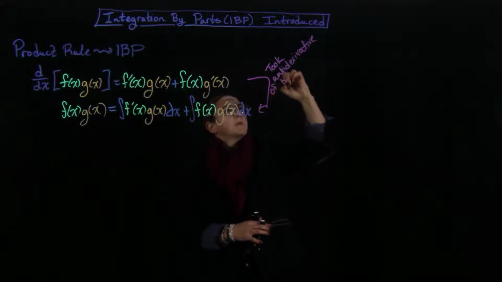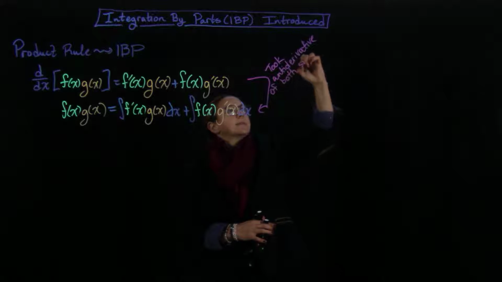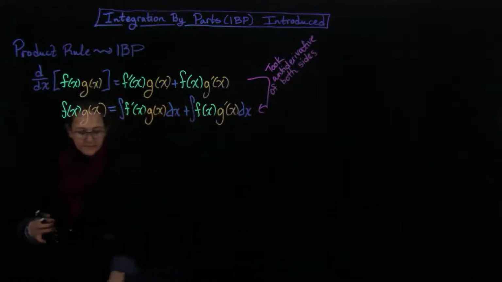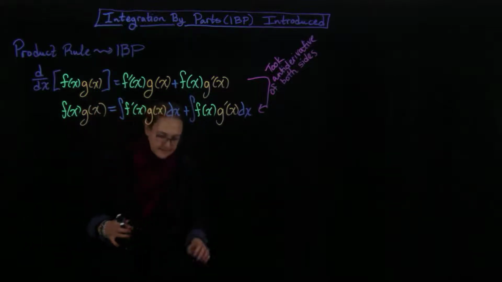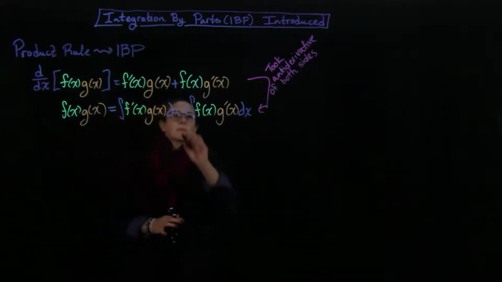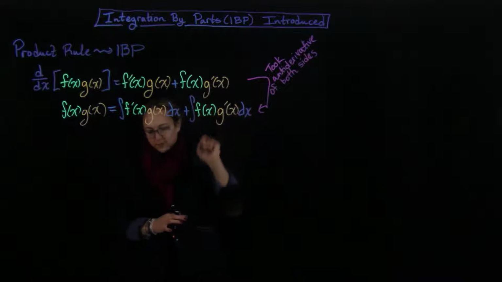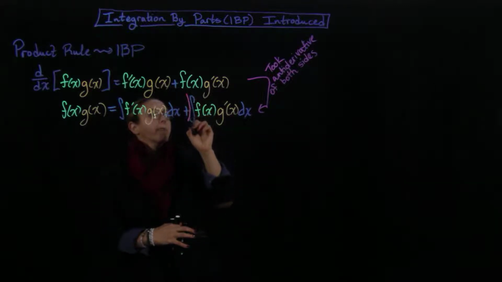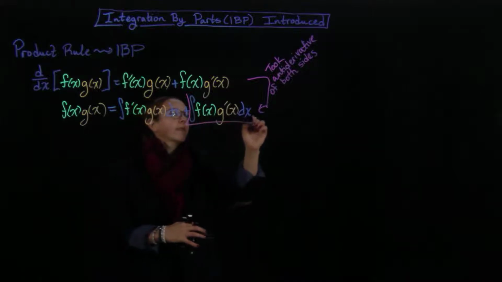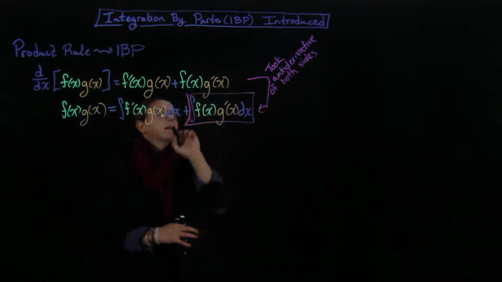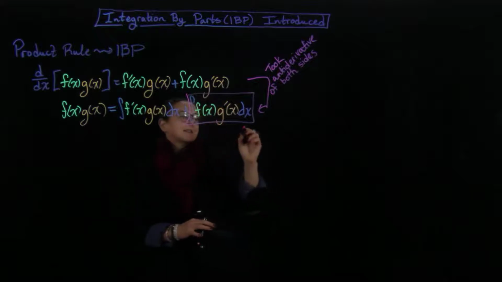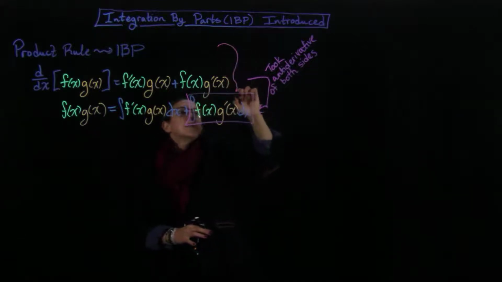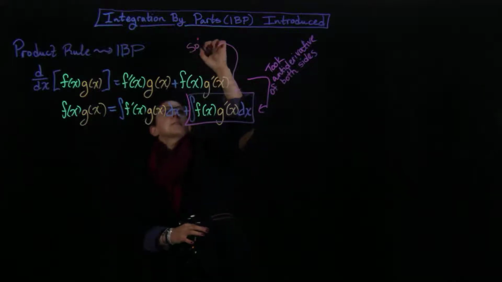Now that I've done that, I'm looking at this and I see that I'm going to try to solve for this here. So going from this line to this line, I took the antiderivative. Now what I want to do is solve for this.